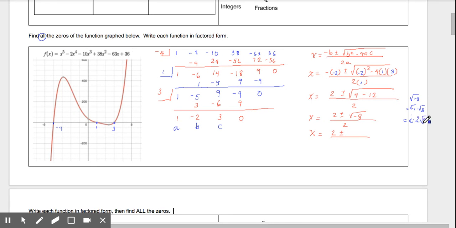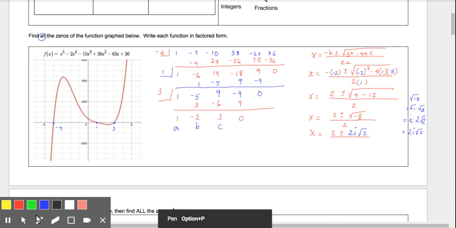We have to break down, make a tree, and then simplify. So now this is 2i square root of 2. So for square root of negative 8, we are going to replace this by 2i square root of 2 all over 2.